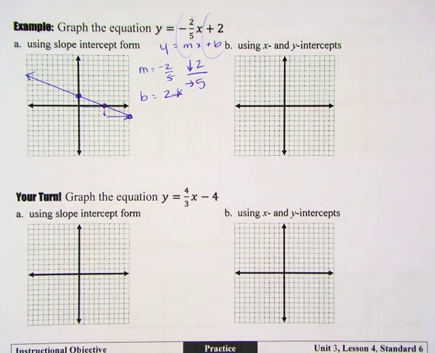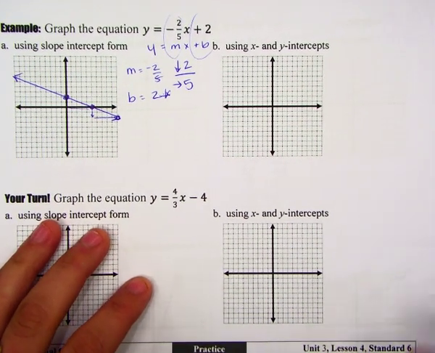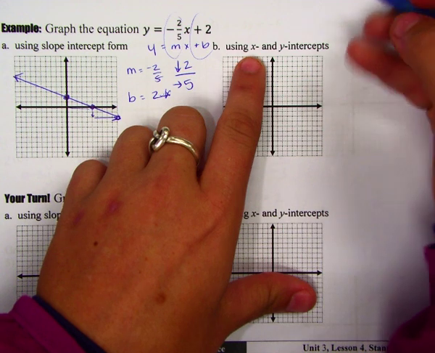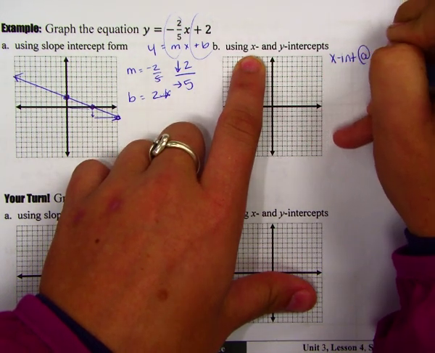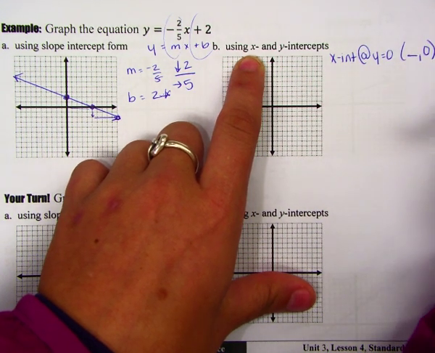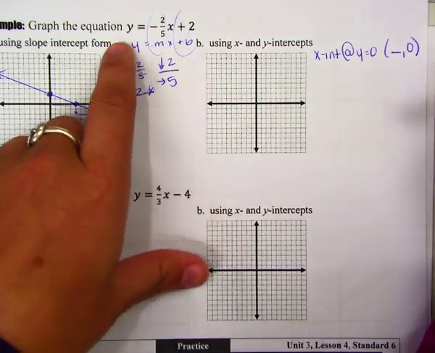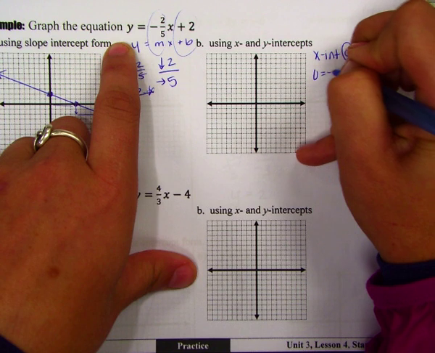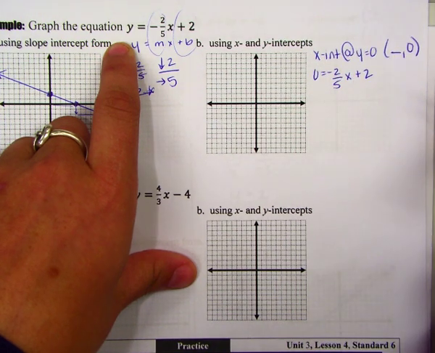Now instead of using slope-intercept form, I'm going to find the x and y-intercepts and solve. So first, if I'm solving for an x-intercept, they happen when y equals 0, because all x-intercepts look like this, right? Something comma 0. Okay, so I'm going to substitute 0 in for y. And then I'm going to solve for x.